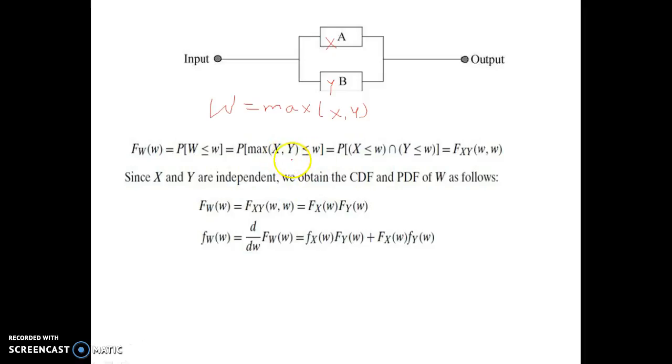Now, in this case, there will not be any one of two different events, because if any one of the two random variables is the maximum, it is less than or equal to w, then automatically the other random variable will also be less than or equal to w.